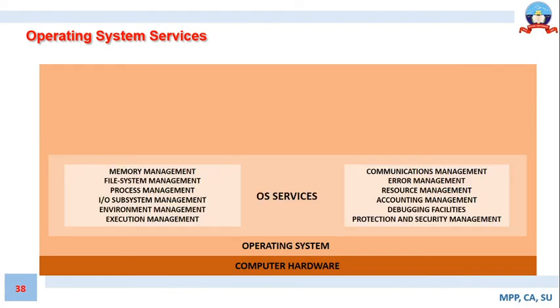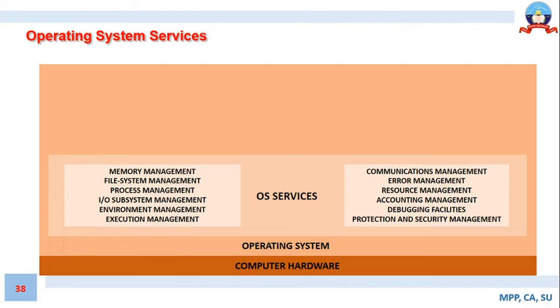Now, the operating system has in it a set of well-defined services, which includes memory management, file system management, process management, I/O subsystem management, environment management, execution management, communication management, error management, resource management, accounting management, debugging facilities, protection, and security management. These are some of the prominent operating system services.